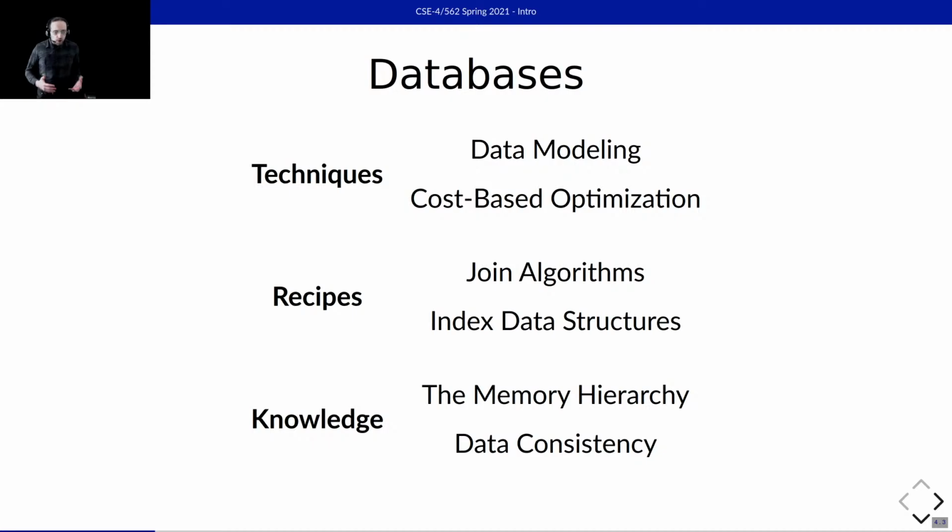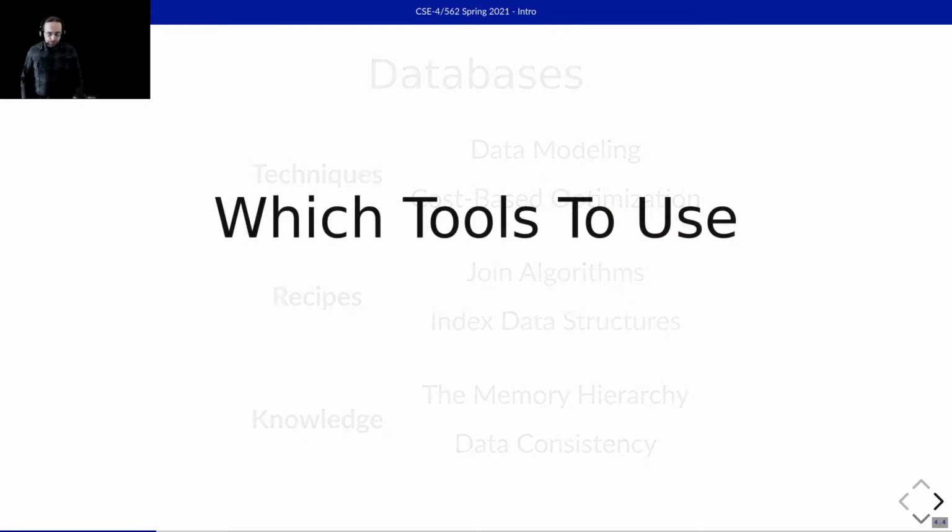Now, I'm hoping that you've already learned a lot about these in your other classes. I will be covering most of these subjects just to bring you up to speed or give you a refresher. But essentially, what we're going to be doing in this class is taking all of these concepts and tying them back together to address the specific challenges of quickly and efficiently asking questions about data, and quickly and efficiently storing and persisting data.